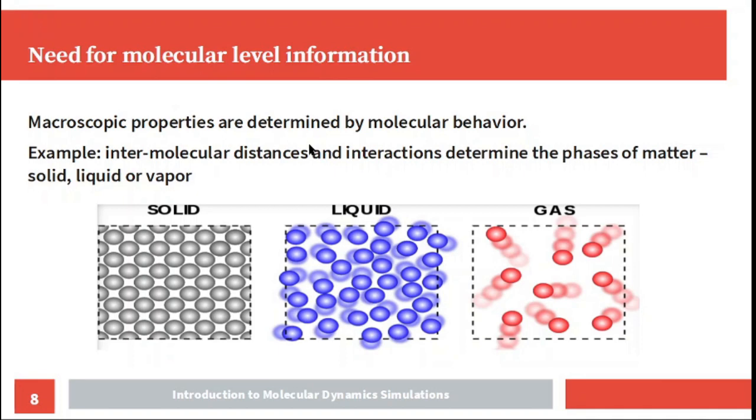If the atoms are arranged in a very regular fashion and quite close to each other, your system is a solid. As the intermolecular distances increase and there is more freedom for these atoms to move away from each other, you get what looks like a liquid. And if these interatomic distances become very large and the velocities become very large, what you get is a gas.